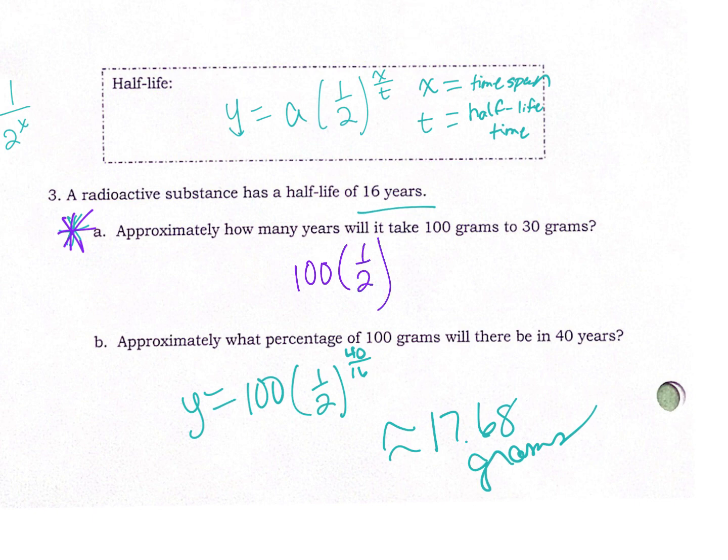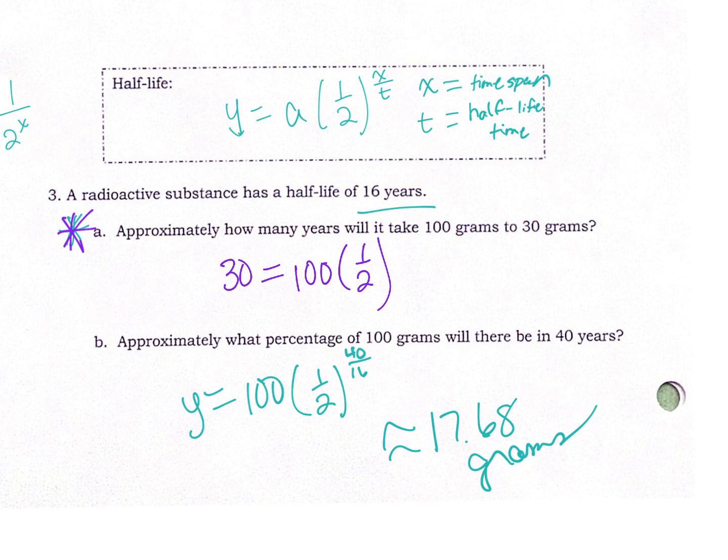Where's the 30 going, Sydney? It's either X or T or Y. Which one is it? Yes, exactly. So we're saying we're starting with this 100 and we have this half-life until we get to the 30. So that's actually the Y value in this case.